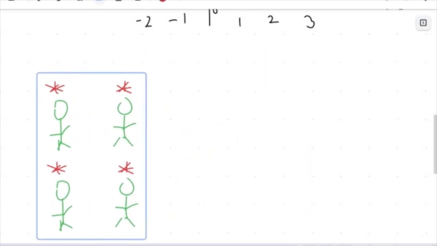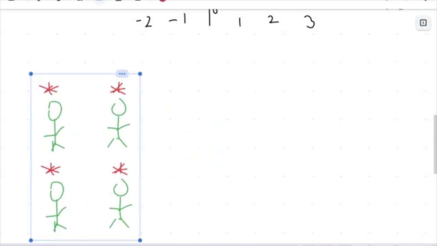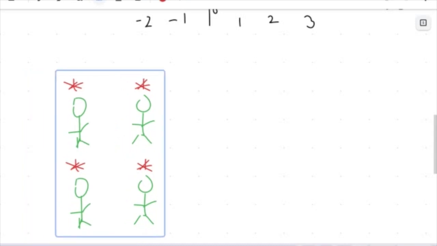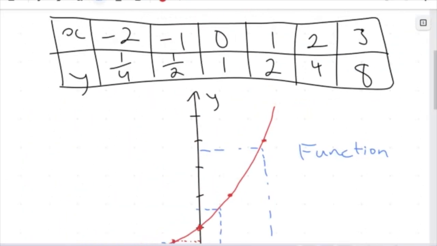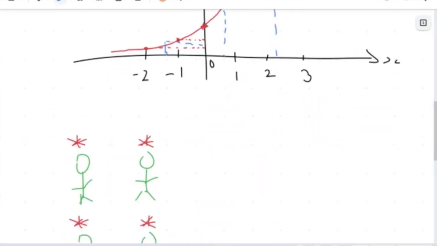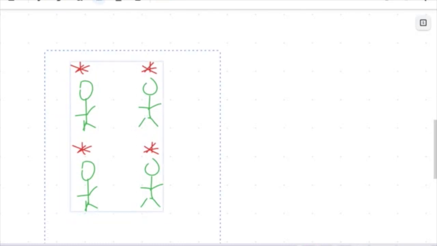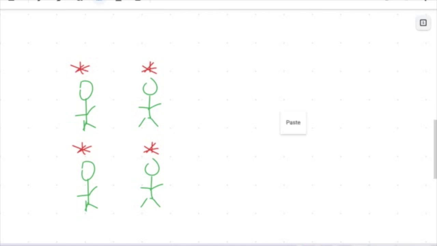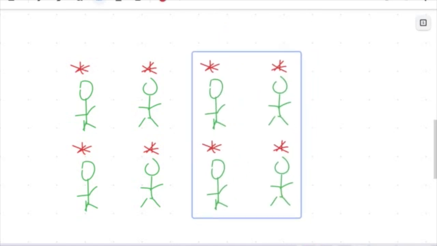So at each time t, my people infected are doubling. I've gone from 1 to 2 to 4, and these 4 people, they interact with 4 more people, and I get 8 people infected.